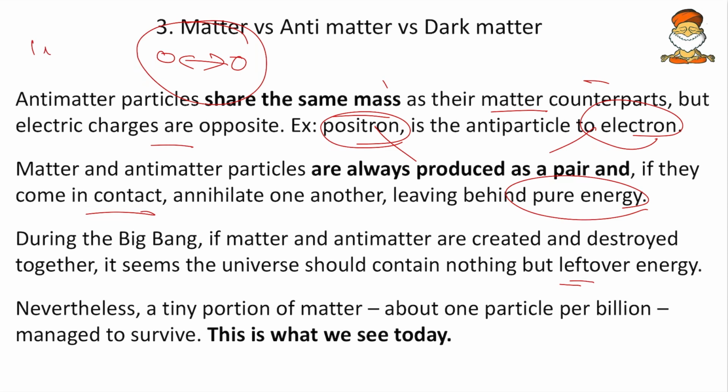So if 100 matter and 100 antimatter collided at the Big Bang, now there would be only energy, no matter or antimatter. However, a tiny portion of matter, about 1 particle per billion, managed to survive, and that is what we see today in this universe.